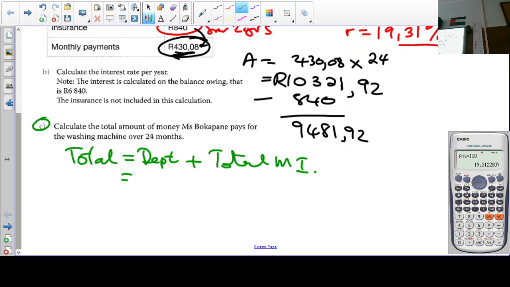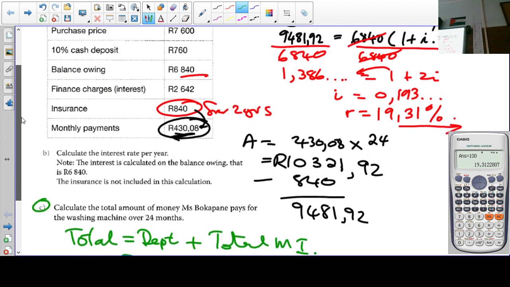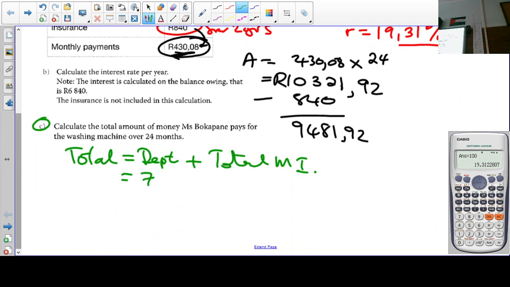Your total installments that you pay every month, the sum of that, plus your deposit you have paid. Not so. So what was the deposit paid? 760 rand plus what are we paying per month?